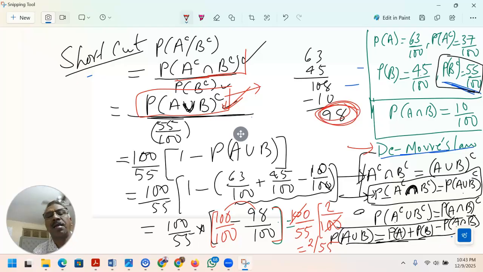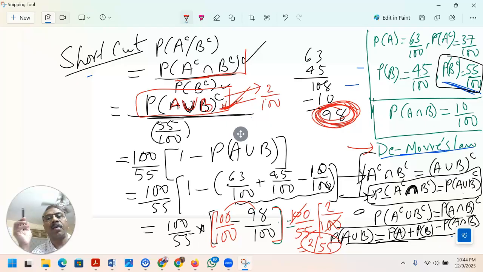So the complement is basically the students who don't use Facebook and don't use Instagram. There are two of them, so you can write directly 2 out of 100. Then use keep, change, flip and you get 2 out of 55.